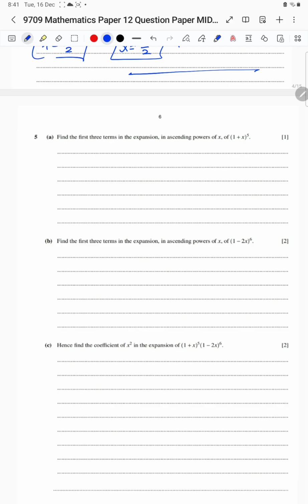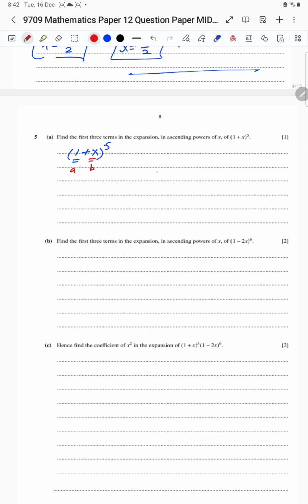This is question number 5 now. Ahmed, you can better solve this in an easy way. It's very simple. Find the first three terms in the expansion in ascending powers of x. So we have to expand this by applying the binomial formula we know well. Here a is 1 and b is 5x.